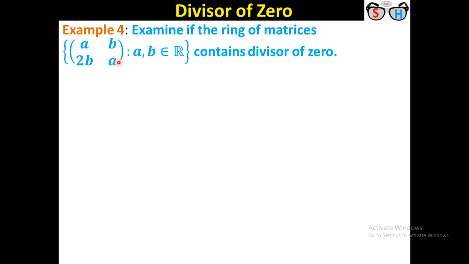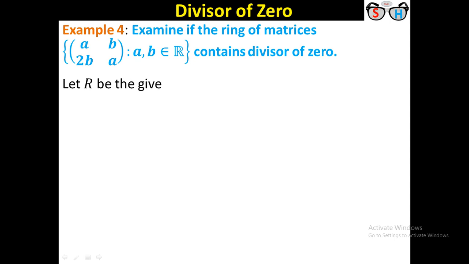A and B are real numbers. We have to examine whether the ring of matrices contains a divisor of 0.